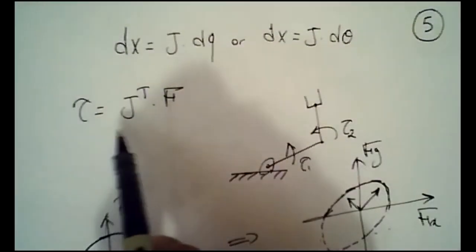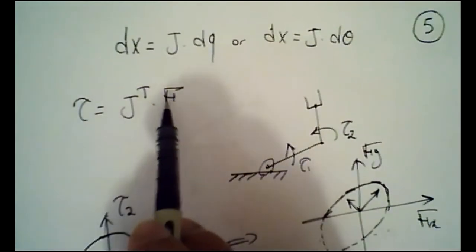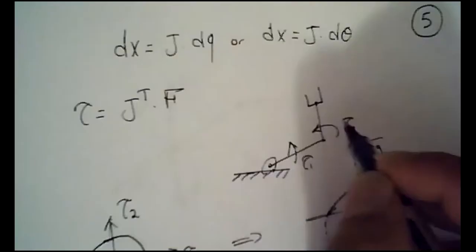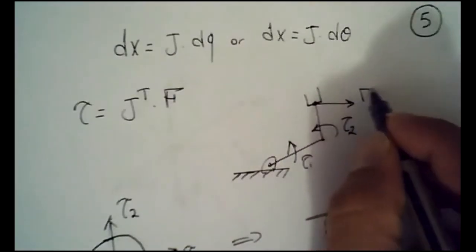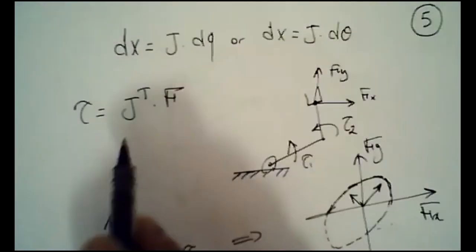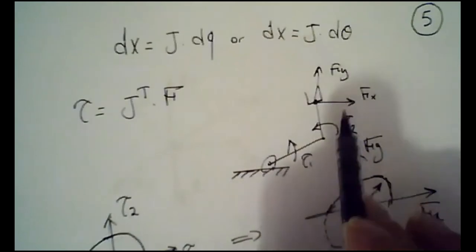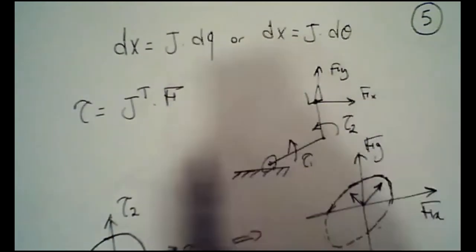And I also know from one of the previous lectures that my torque is related to the force. So the torque on the motors is related to my Cartesian force, Fx and Fy, by the Jacobian transpose. So if I know some forces that this manipulator is applying, I can calculate the torques based on that relationship.